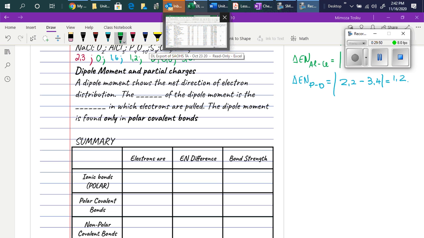Electronegativity is the relative ability of atoms to attract electrons. If an atom is able to attract more electrons, then in the compound the electrons will spend more time at this atom.